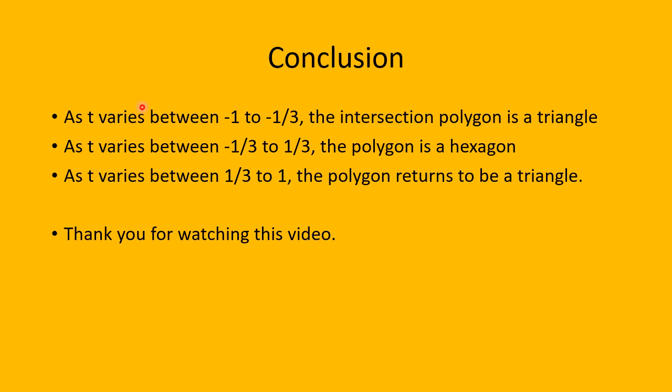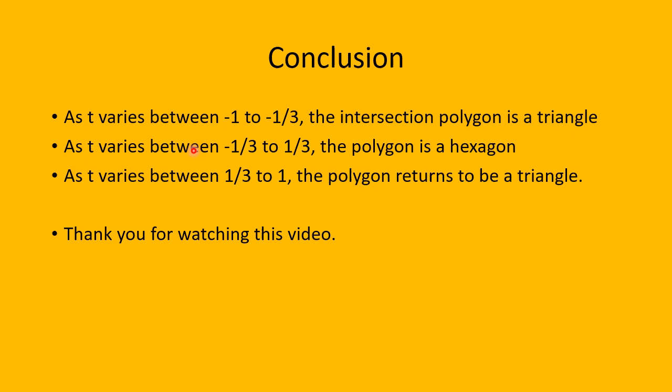And in conclusion, we can say the following. In the problem that we looked at with the planes intersecting the cube, the plane containing the point with coordinates t, t, t, we can say that as t varies between minus 1 to minus 1/3, the intersection of the solid cube and the plane is a triangle, including its interior.